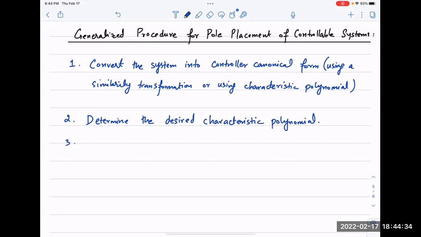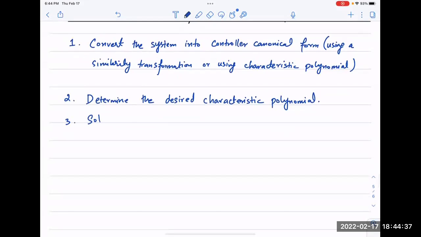Okay, and then from there you solve the pole placement problem.